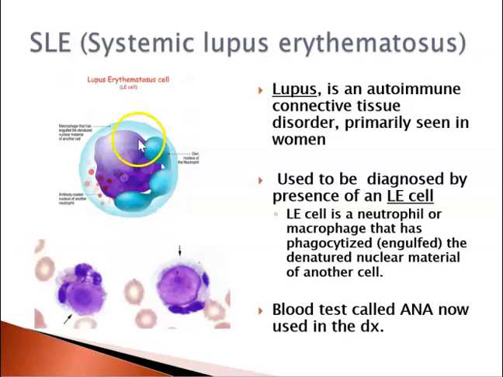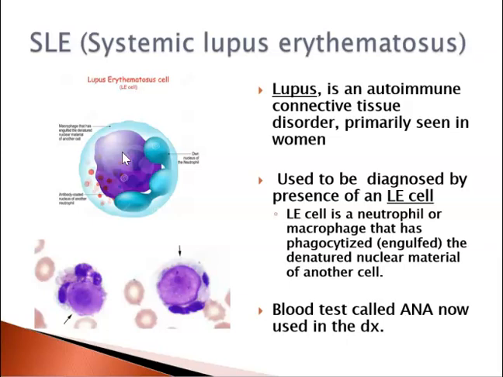If you look over here, this is an example of what a lupus erythematosus cell looks like. This is an example of a neutrophil that has engulfed denatured material of another cell. So here is the nucleus of that neutrophil pushed up to the side of the cell because it has engulfed material of another cell.